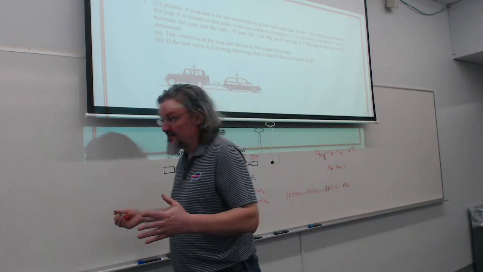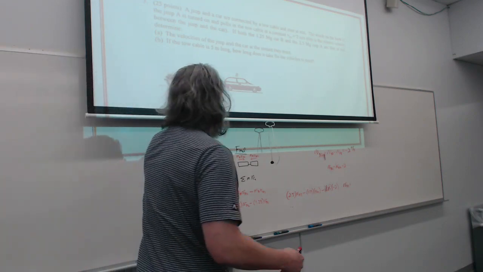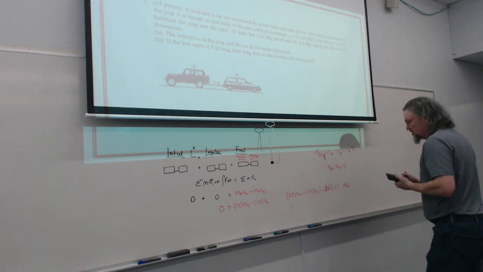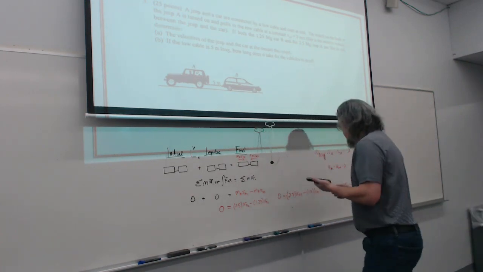And hopefully, if we got the signs right, it'll make sense what direction VA is going to go. It should definitely be going to the right. Oh, this was equal to 0, or 0 is equal to it.